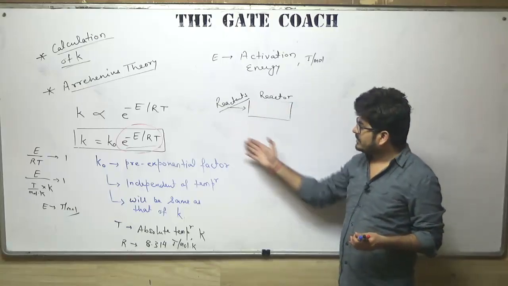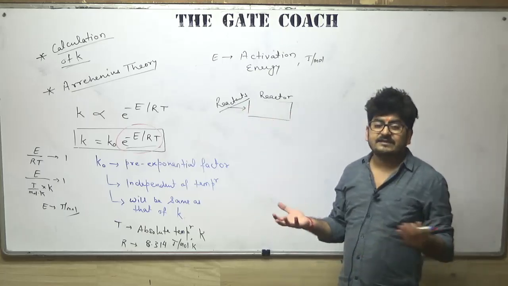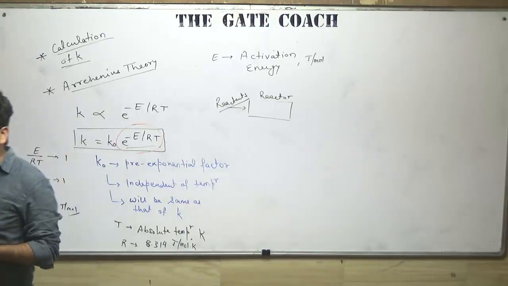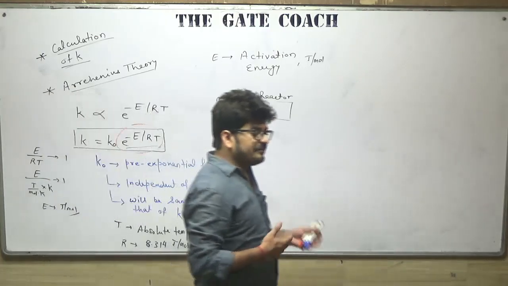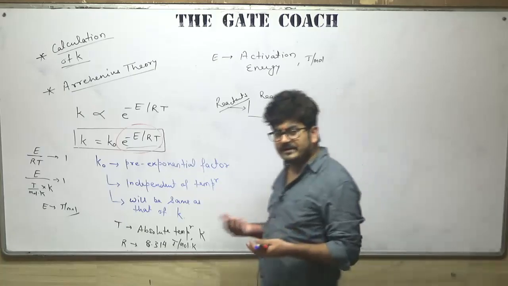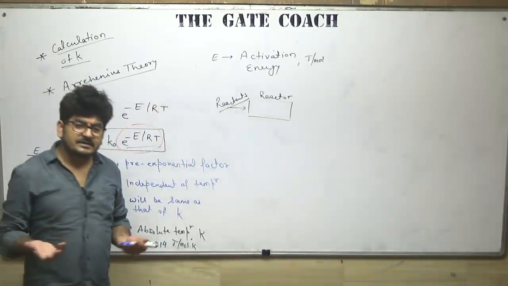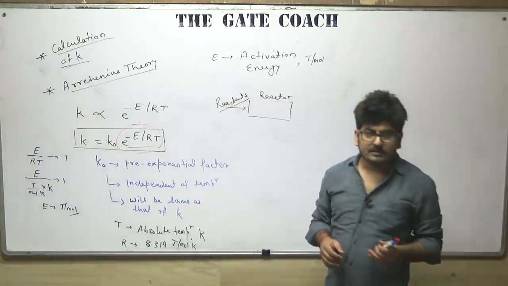So when those reactant molecules are moving randomly, then they will have collisions with each other. And when the molecules have collision, you know that after the collision, they will exchange the energy, they will exchange the momentum. So some molecules will gain the energy, some molecules will release the energy. Okay.